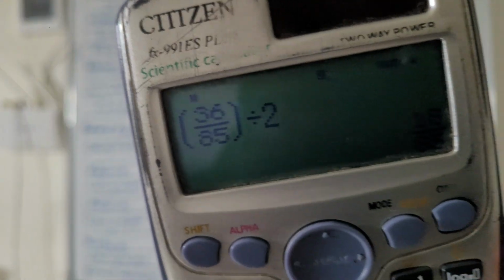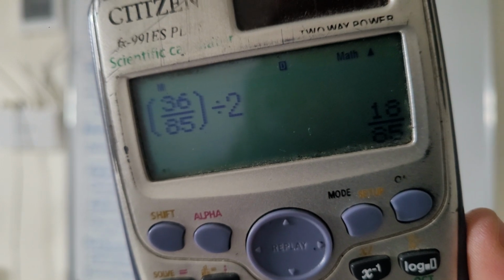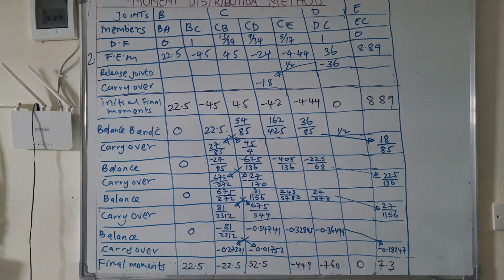Again, you can see it. We proceed again. We will keep on repeating the same procedure until we reach the smallest value for carryover, and that is where we will have our final moment.